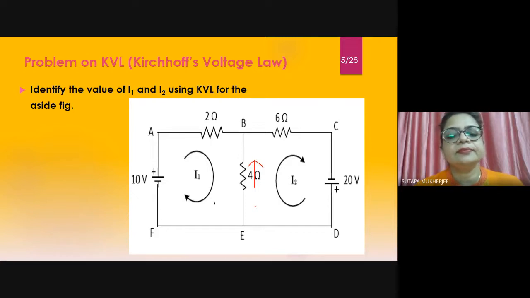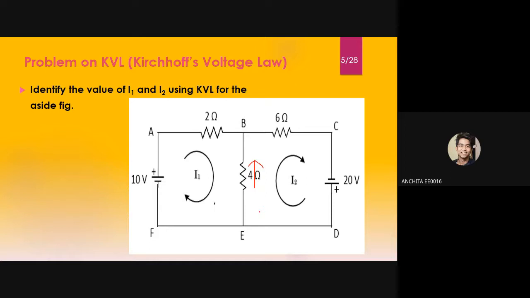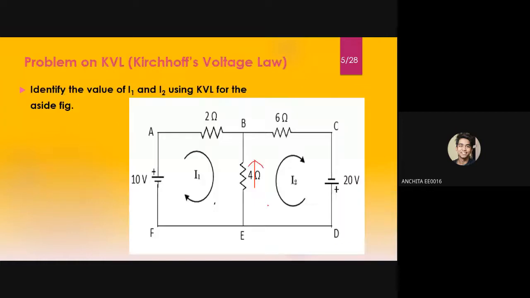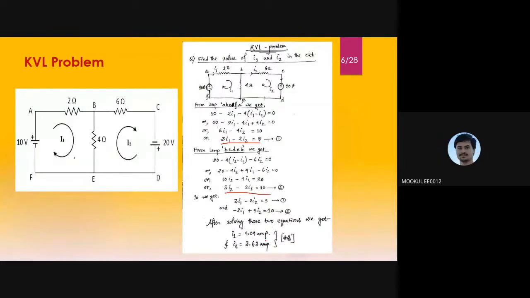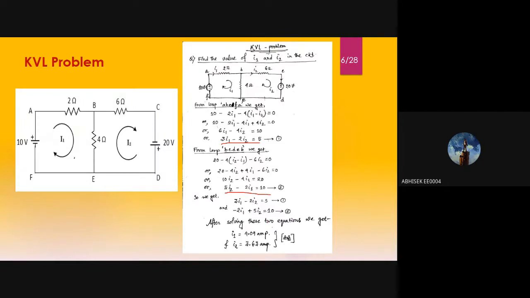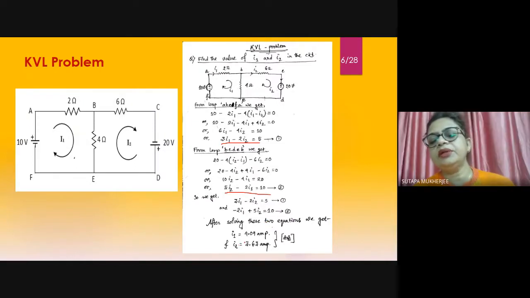I2 is 40 by 11, 3.63 amperes. And I1 is equal to 4.09 ampere.